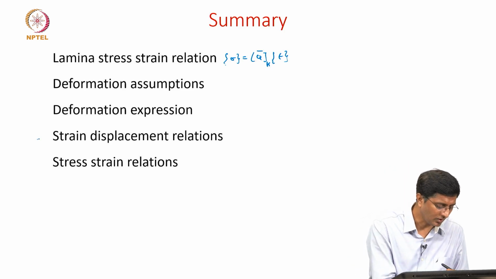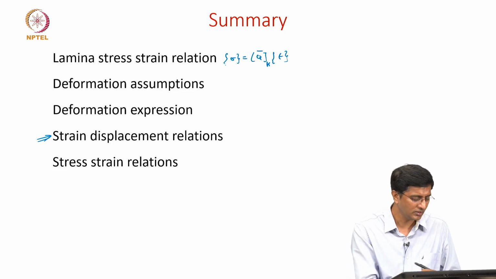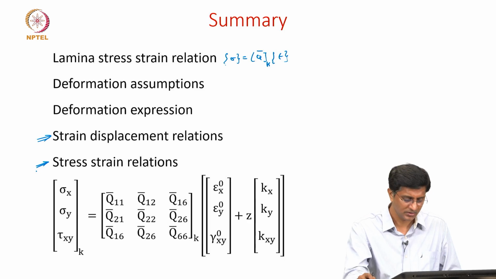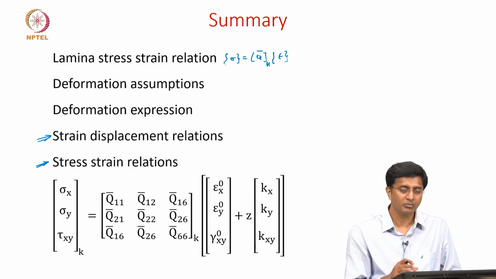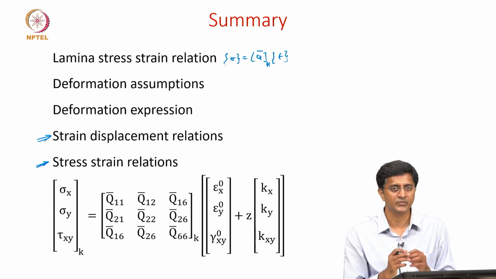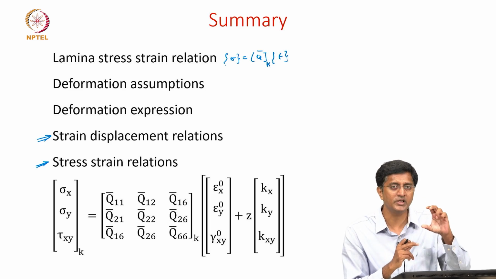And later we also showed you the strain displacement relations which came to be linear. Using those we also showed you the stress strain relations which are again linear. But most importantly we said the variation in the strains and stresses are slightly different. Strains are continuous and vary linearly across the complete thickness of the laminate.